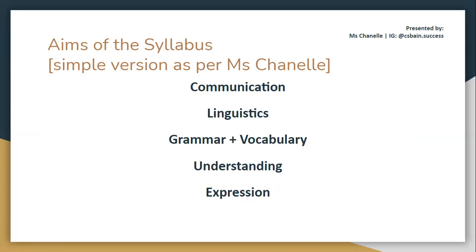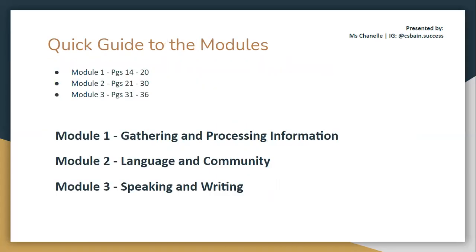Communication is more or less going to be module 3. Module 3 is the speaking and writing module. And in that module, you're going to focus on language skills. You're going to focus on written versus oral communication, which is a major part of your exploration of language in module 3.